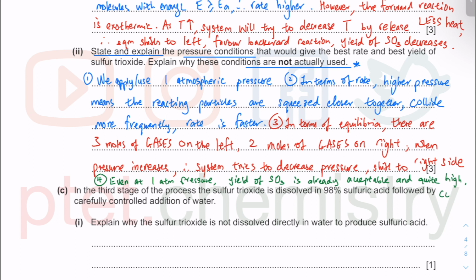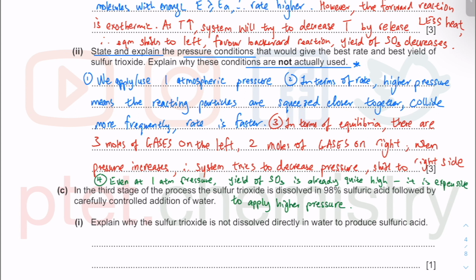It is expensive to apply even higher pressure. When you already have good enough yield, you might as well stick with it and be happy with it.